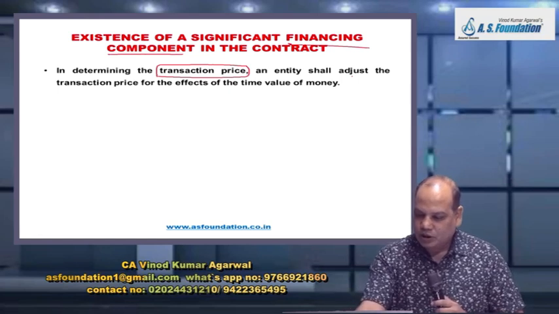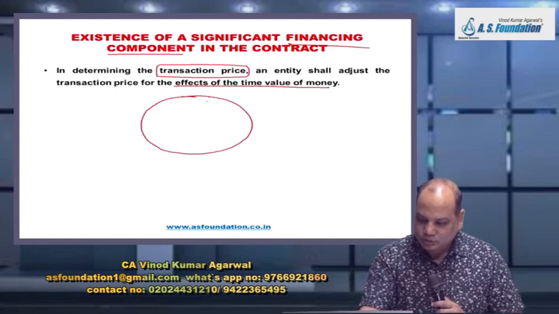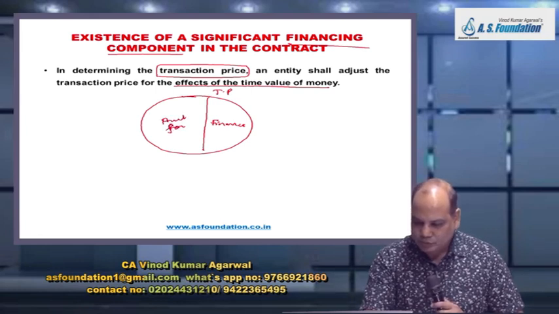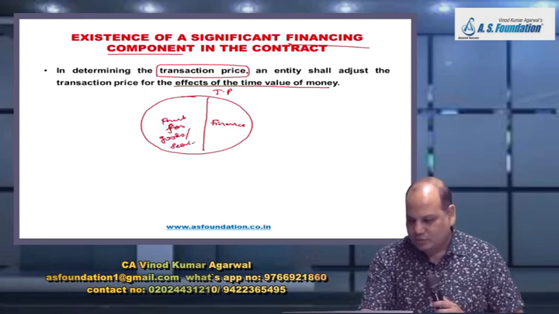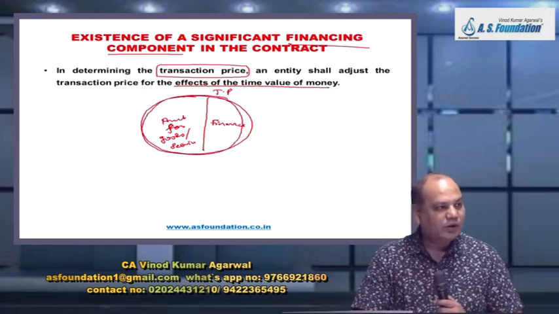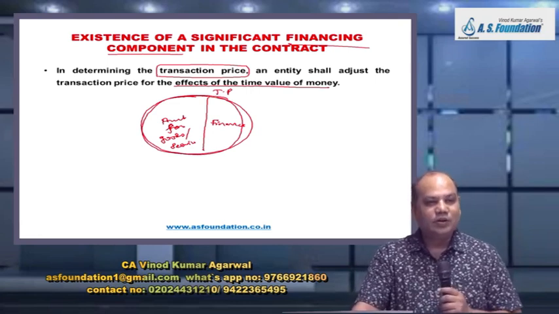So what I have to do is divide out of this transaction price how much is the finance cost and how much is the amount for goods or service. If the time period is more than 1 year, then we'll apply this. If the time period to receive or make the payment is less than 1 year, don't apply this.